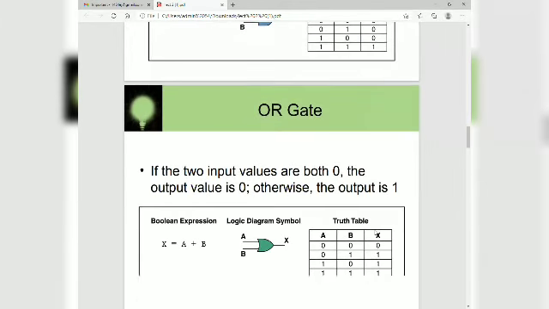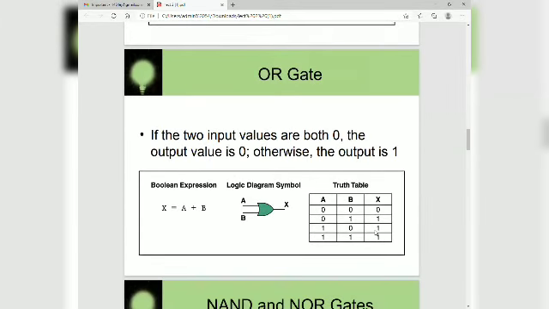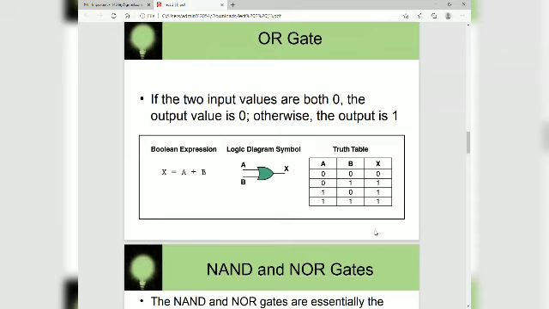Then our third gate is OR gate. If the 2 input values are both 0, then the output value is 0. Otherwise, the output is 1. The OR operation produces a high output when any one or all the inputs of logic circuits are high.